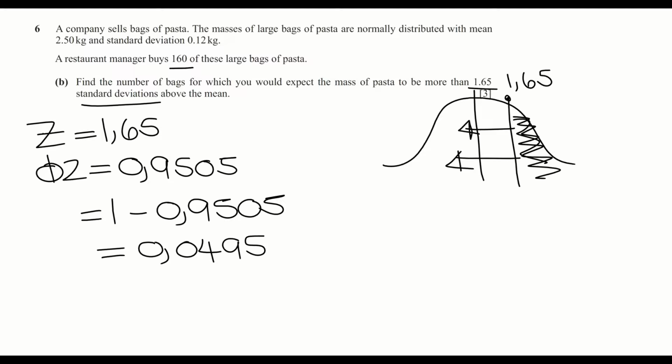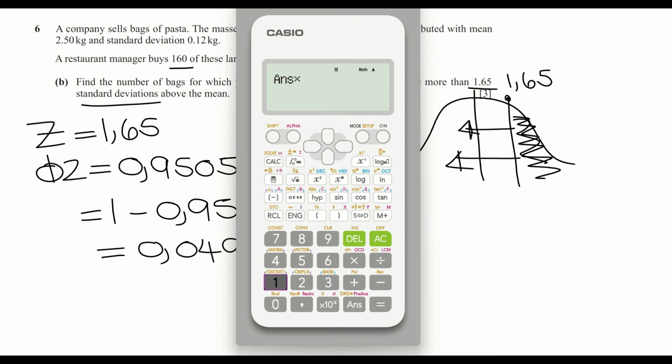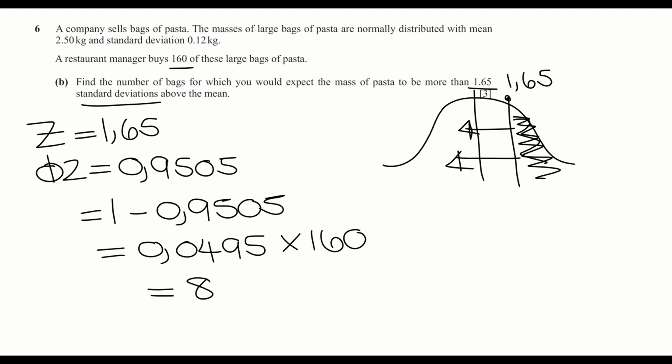And to find the number of bags, all I need to do now is multiply this by 160. So take my calculator, let's multiply by 160 is equal to 7,92. We're working with full bags, so let's round up to the nearest whole number. We get an answer of 8 bags.